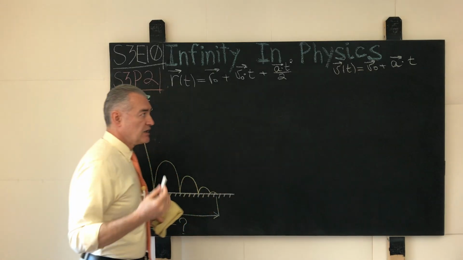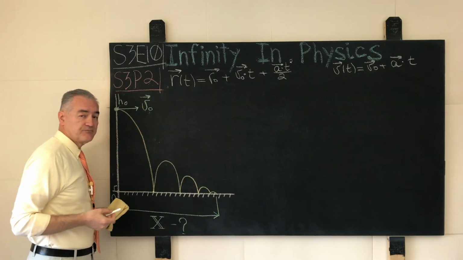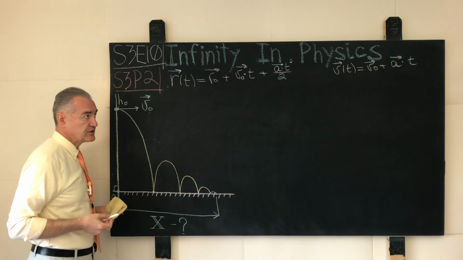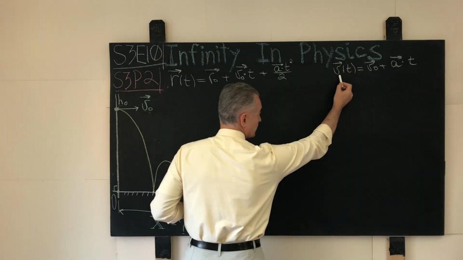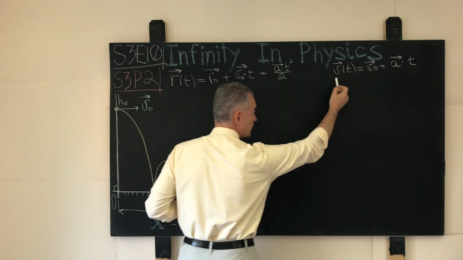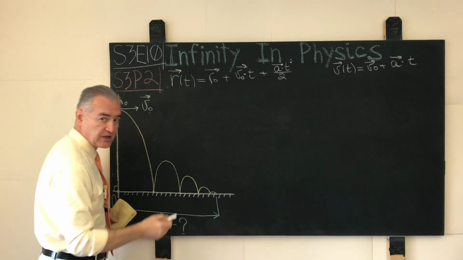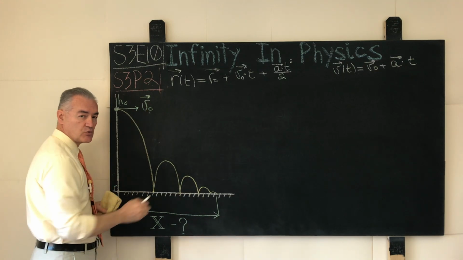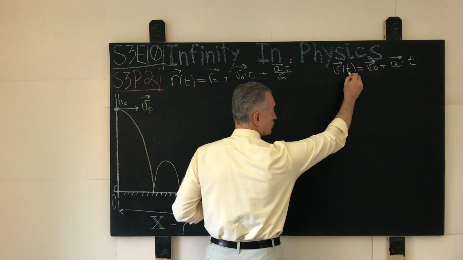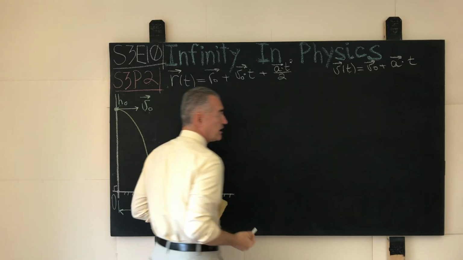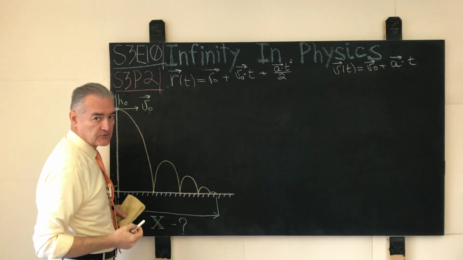But if you are familiar with the differential calculus, then you will see that the equation that expresses the function of velocity of the material point that participates in the planar uniformly accelerated motion as the function of time is shown over here. And where does this formula come from?